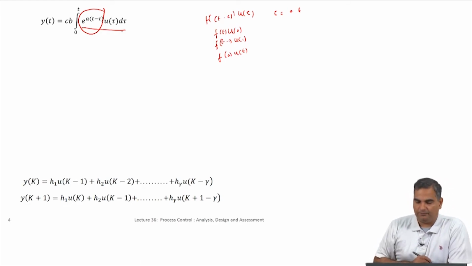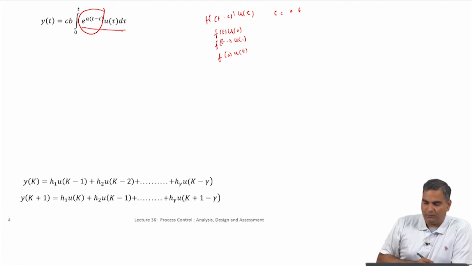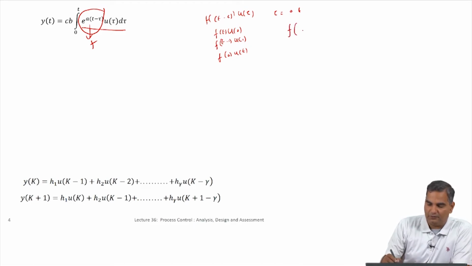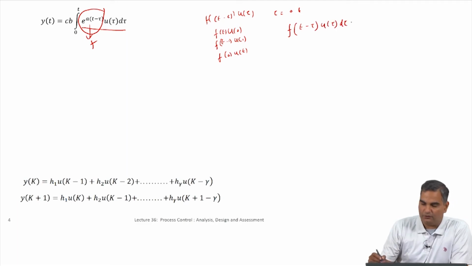the discrete form. Okay. So, basically what this says is the following. If you are looking at this multiplication, I am calling this f. So, we are looking at f, which takes as argument t minus tau, and then u of tau d tau, and clearly tau goes from 0 to t. Let me repeat this.